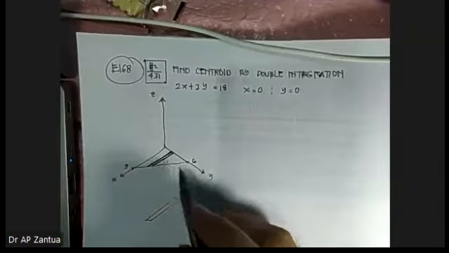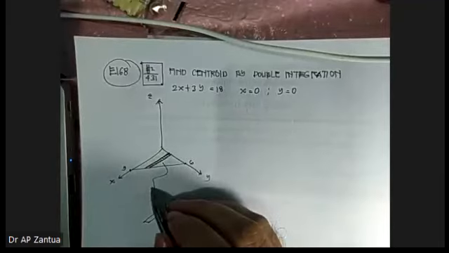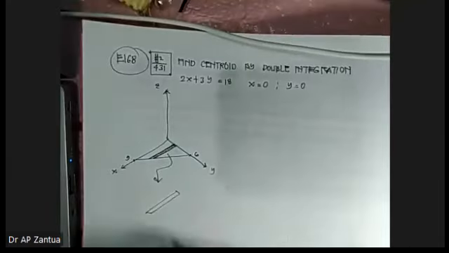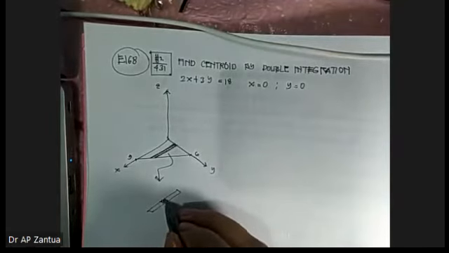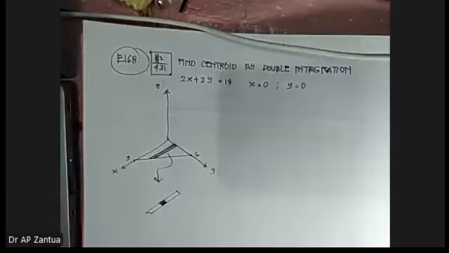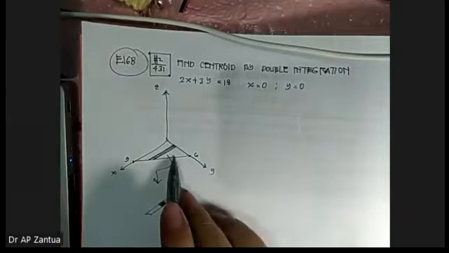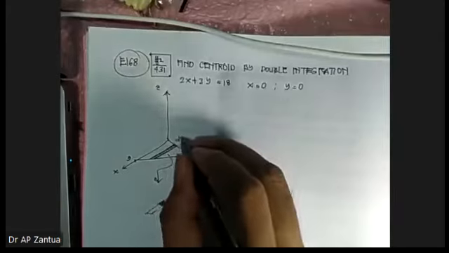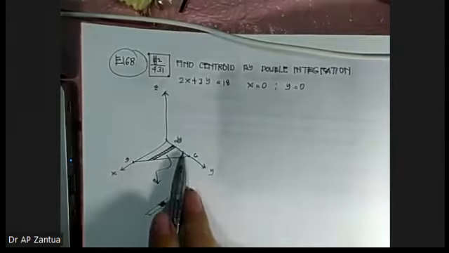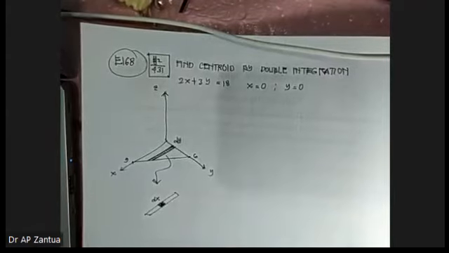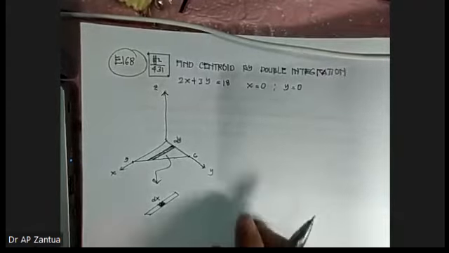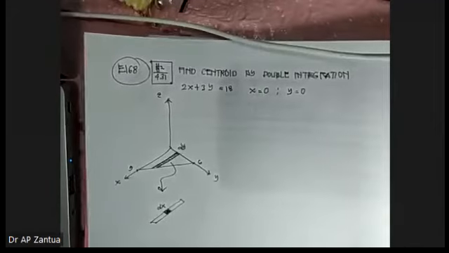Now I will make an interior. This is our interior strip. This is our exterior strip, which is dy, according to our choice. And then we have another interior, which is dx. So dy dx, double integration.